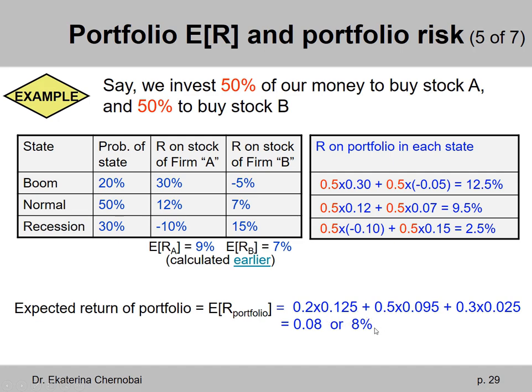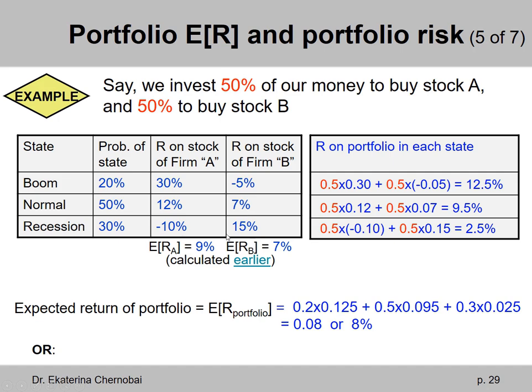There is a completely different way. Remember earlier we already calculated that the expected return on just stock A is 9%, and the expected return if you just buy stock B is 7%.